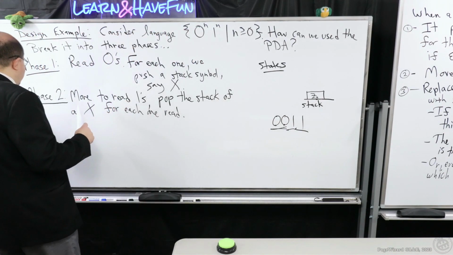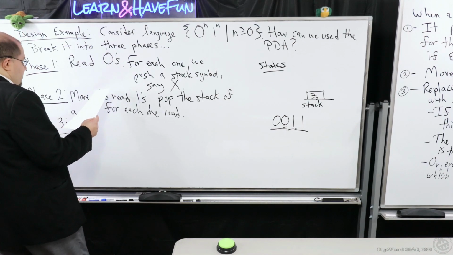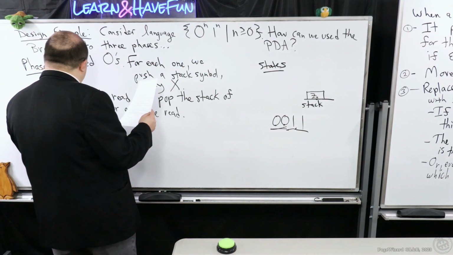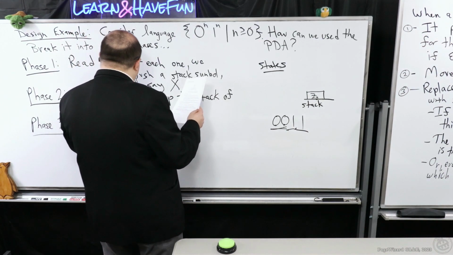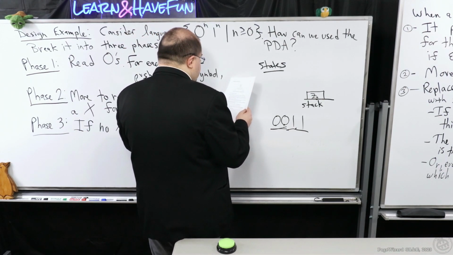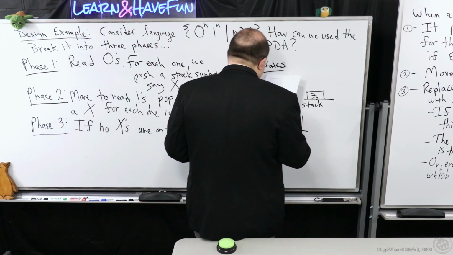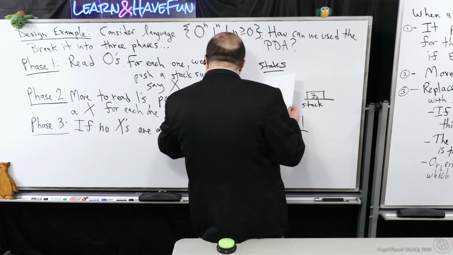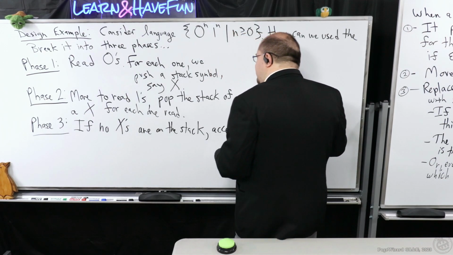So that naturally gives us a third phase, the one where we check if no X's are on the stack, we're going to accept.